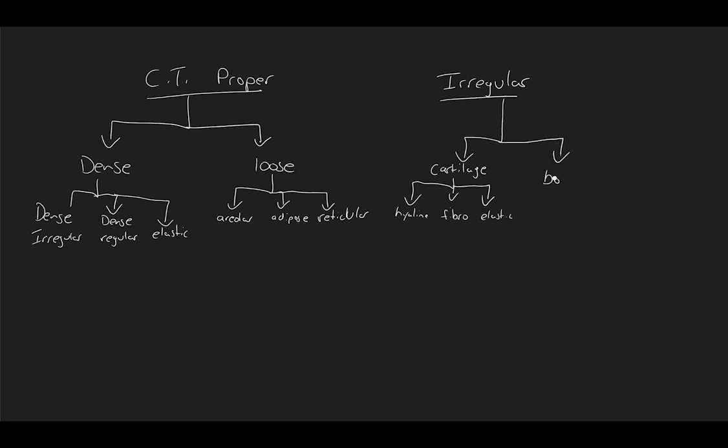Then there's bone and blood. Okay? And we're going to talk about these in groupings. So we'll do connective tissue proper together, we'll do our cartilage together, we'll do a small video on bone and a small video on blood. Right? And so those are the different connective tissues in the body.